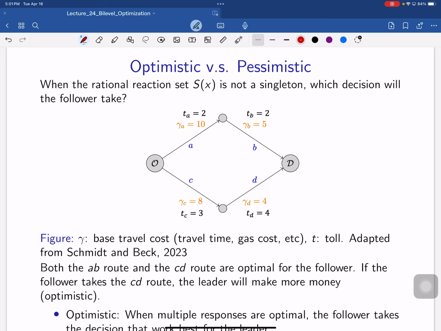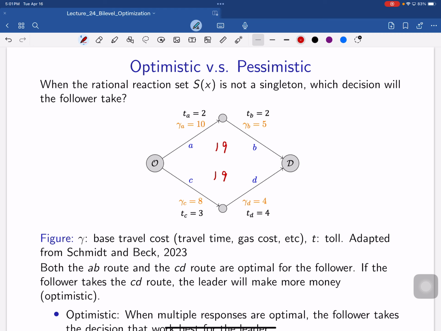let's do some very simple calculation. The total cost of traveling through A and B is 19, and the total cost of traveling through C and D is also 19. So in this case, the best response set is not unique. If you travel through A and B or C and D, it's equivalent for the follower.